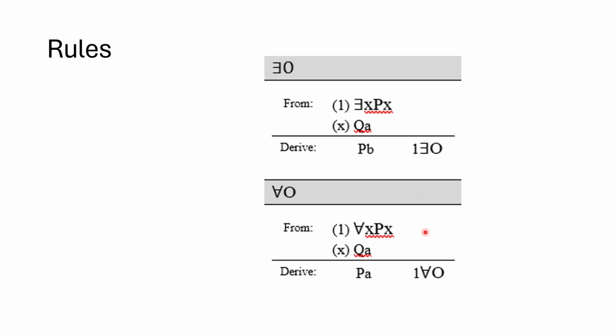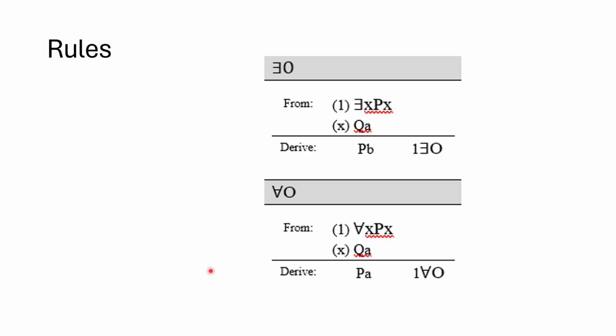And if you look at the universal quantifier out rule, it's unrestricted. So from this universal quantifier, I can put in any constant that I want, even if it appears before in the proof. With the truth tree rules, if you had an existential quantifier on the left-hand side, you had to pick a constant that doesn't appear anywhere in the truth tree before.